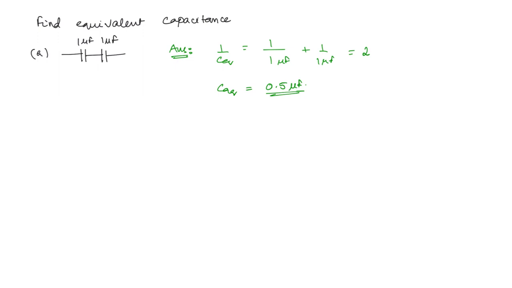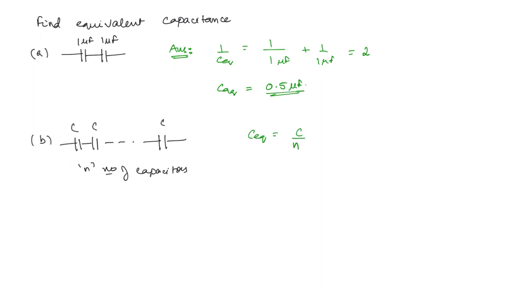You can take the next question. You have C, C and so on till C, n number of capacitors in series. Then what will be the equivalent capacitance? C equivalent is equal to C by n. Now what about the parallel case?